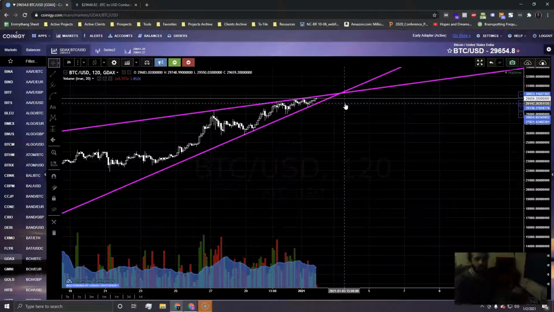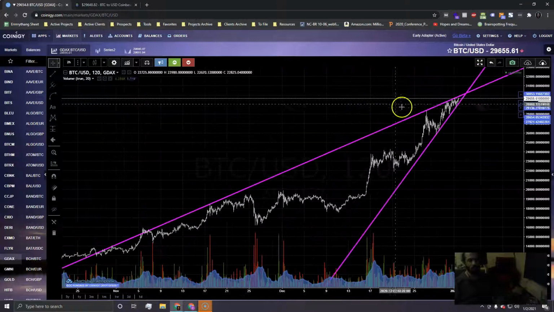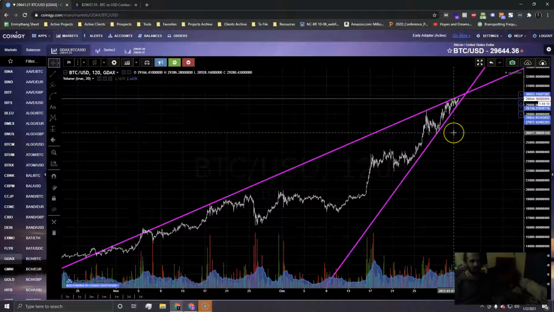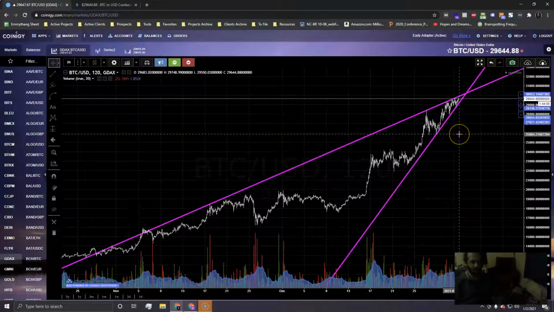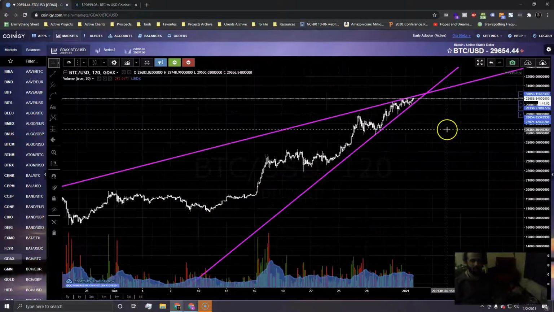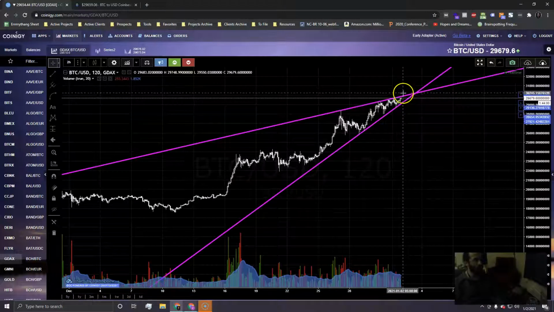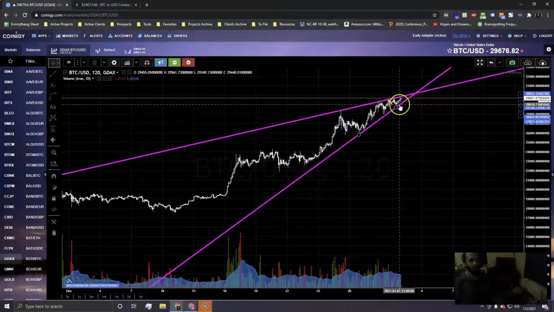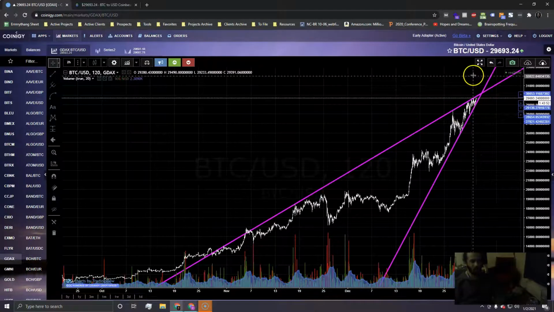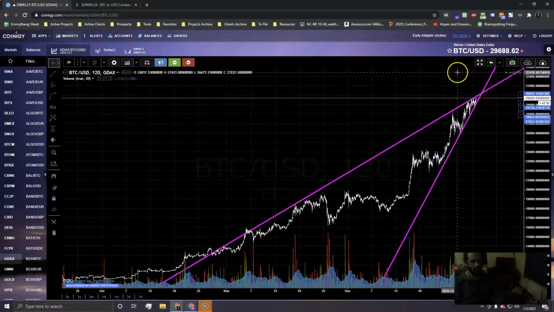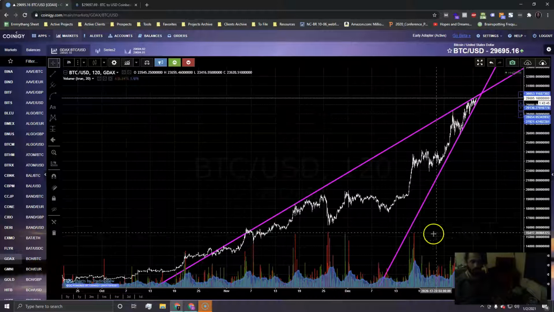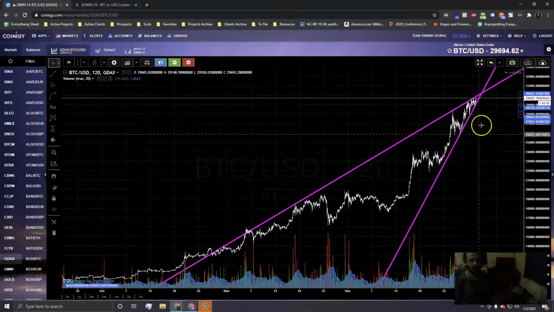And the likely decision looks like it doesn't make any sense. Maybe a test down here and then a quick pop back up. So just a wick comes down here, not a close. But I mean, it could also, it's just on a crazy parabolic run. So it could go ahead and tap up close to 32, either front run it or break through it, and then sell off from there, which is part of why I'm up right now making this video.